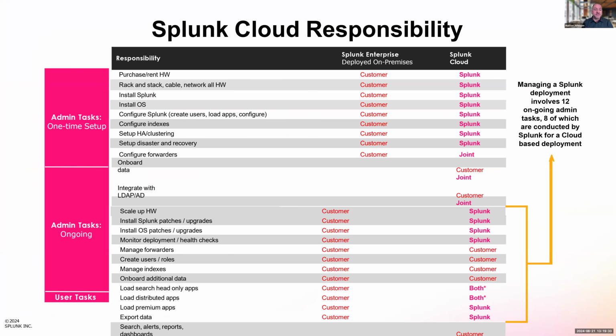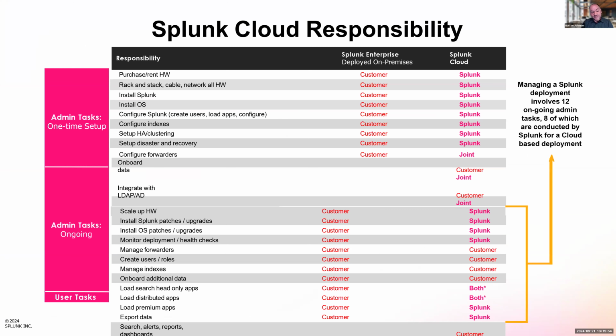So just a couple of examples of what our customers are doing and the value they're seeing from cloud is, if you look at a typical deployment today on-prem, there's 12 admin tasks required as part of the care and feeding of the Splunk platform. Well, when you move to cloud, you're able to offboard 8 of those directly to Splunk when you're doing that as a service, right?